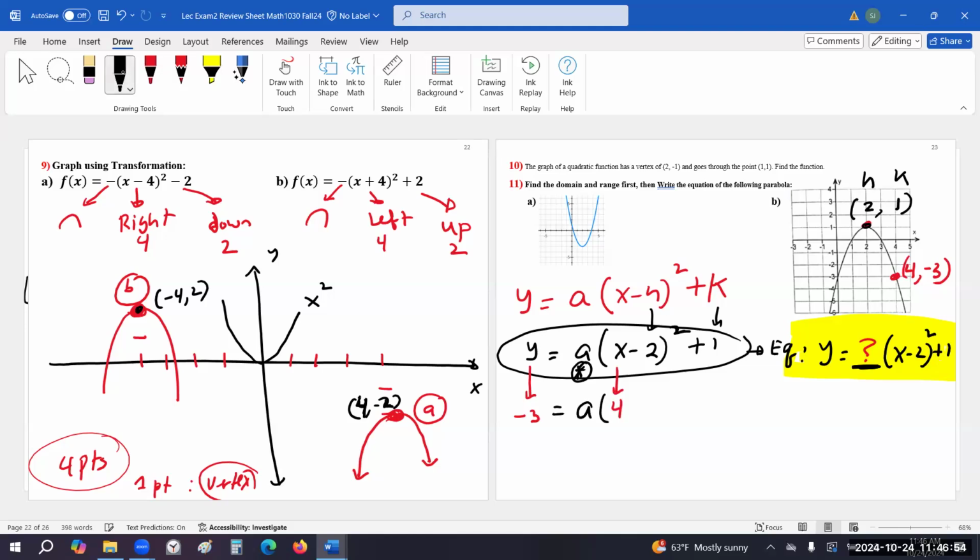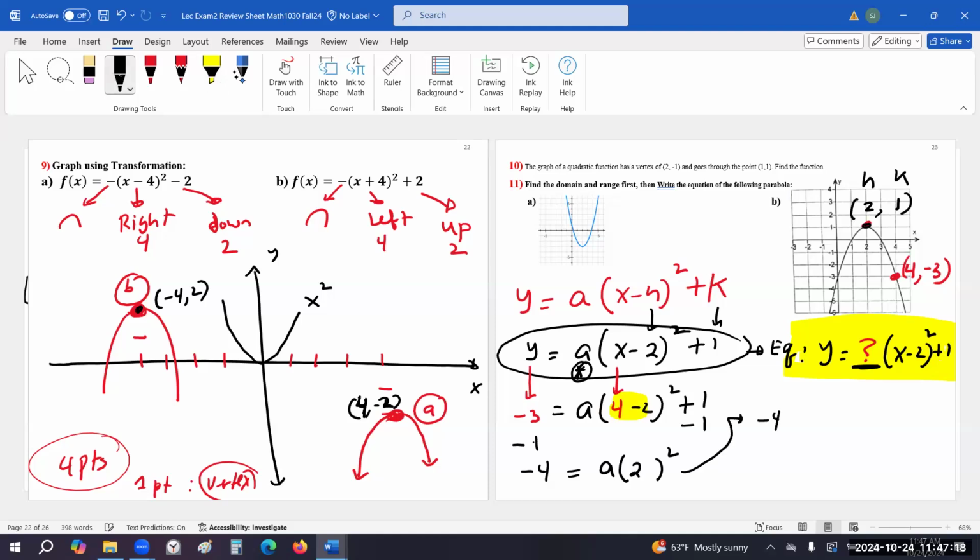We have no idea what A is, but we do know the rest. We don't want this one, so we subtract 1 from both sides. We get -4 equals, what do we have here? 4 minus 2 is 2.